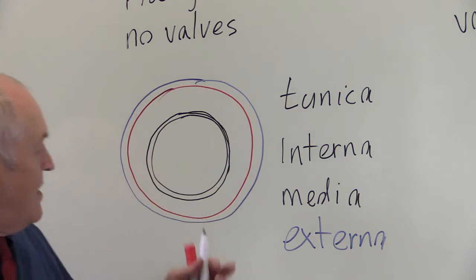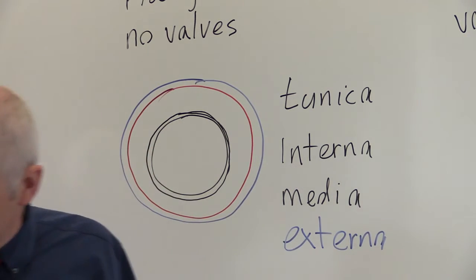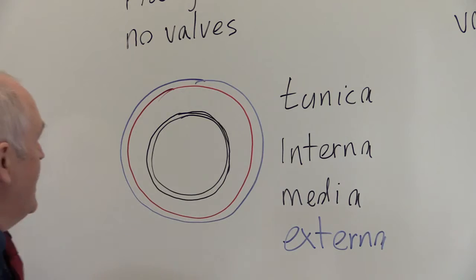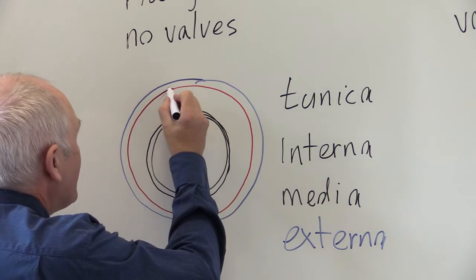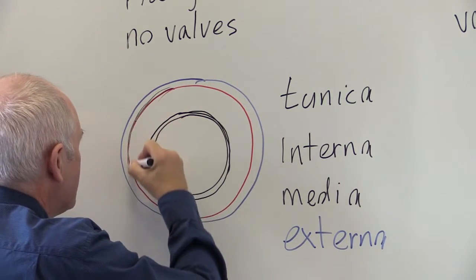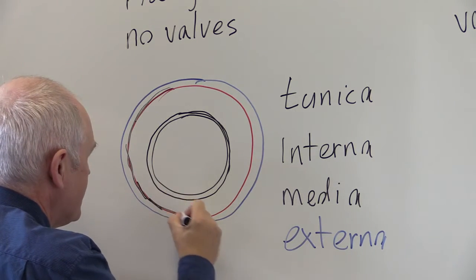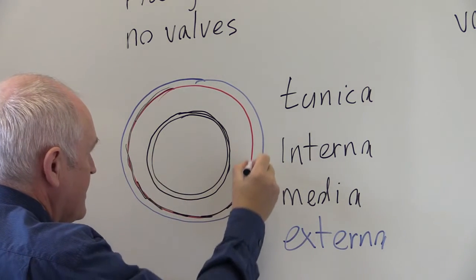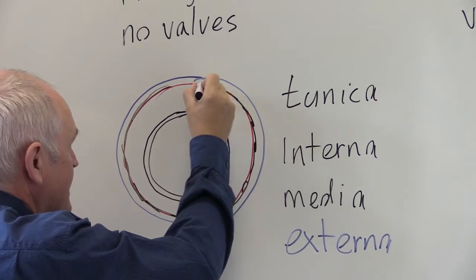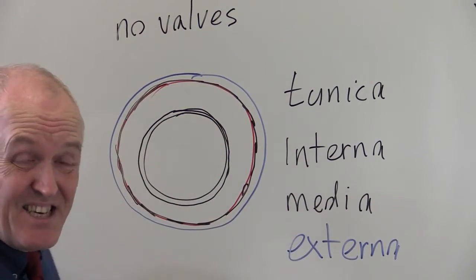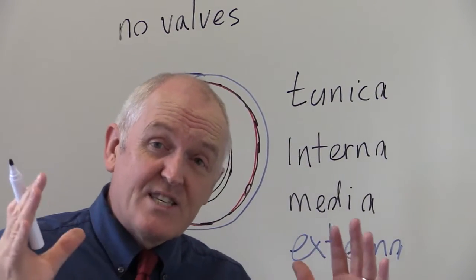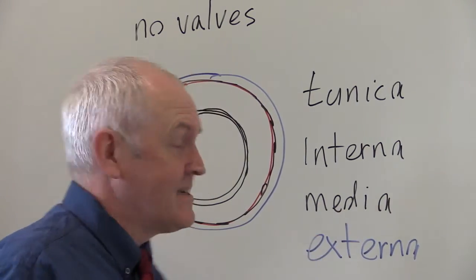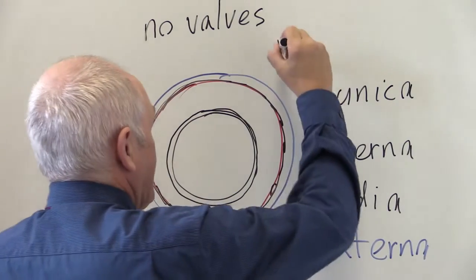And with arteries, especially the larger arteries, there is actually a couple of extra layers. Around about the outside of the tunica media, there's an extra layer that is largely elastic tissue, because the larger arteries, we want them to be elastic. That's called the elastic lamina.